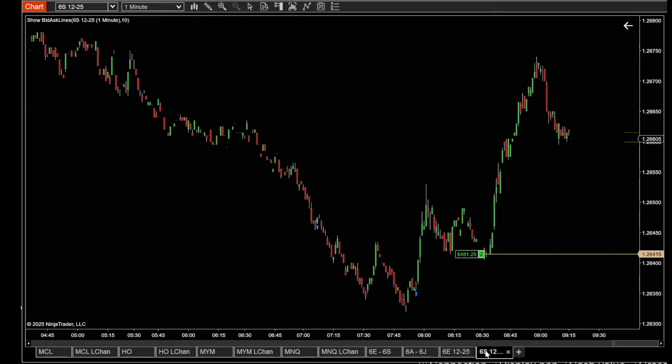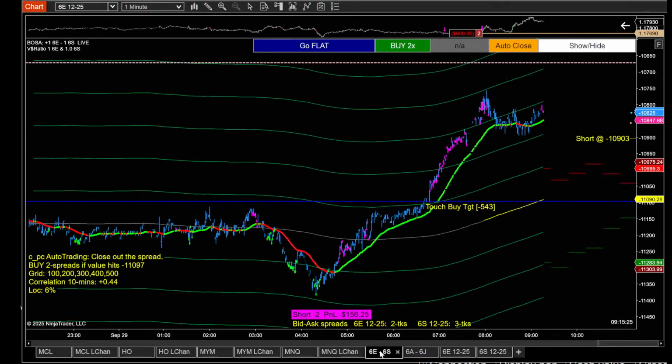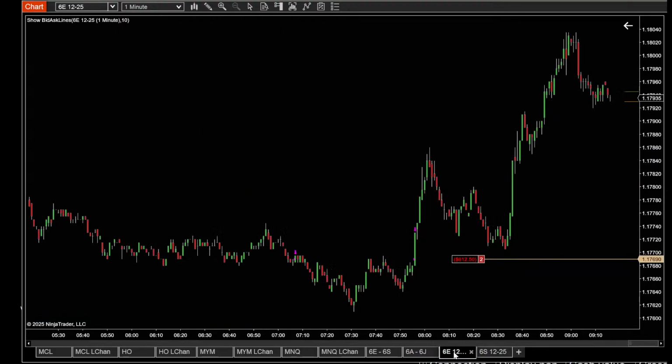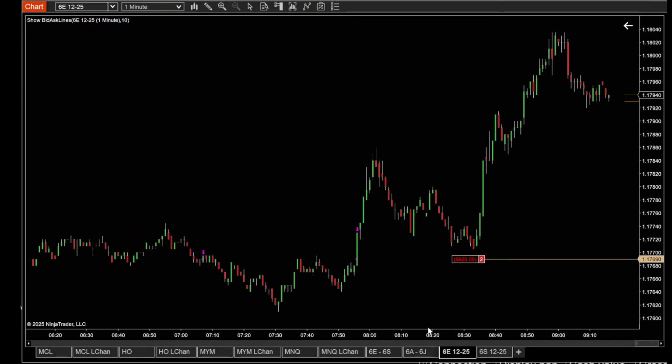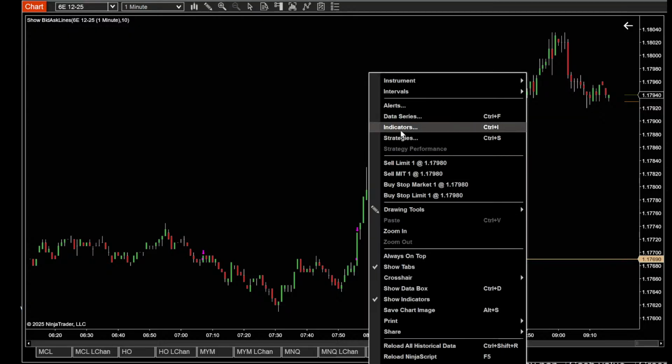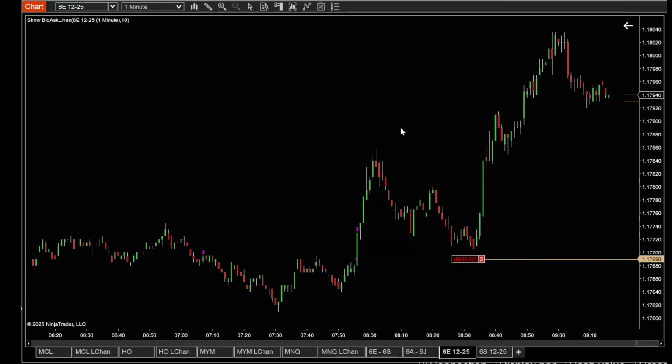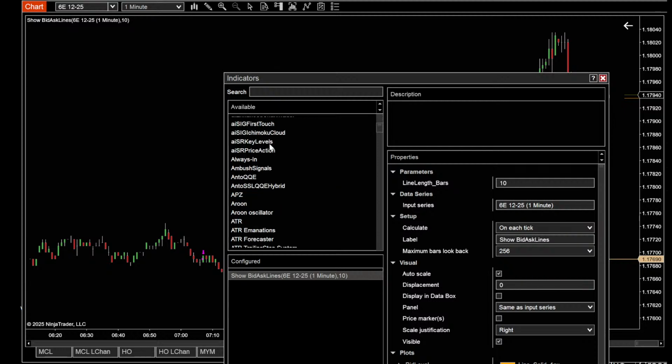All right, we want the 6S to get up there or the 6E to come down. 6E is still kind of holding up here. I'm going to add the ATR forecaster.